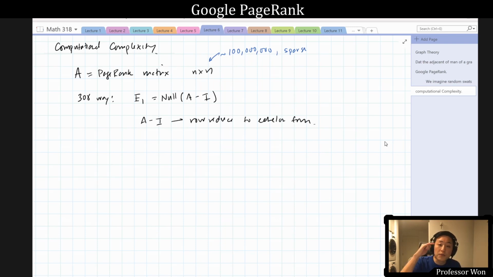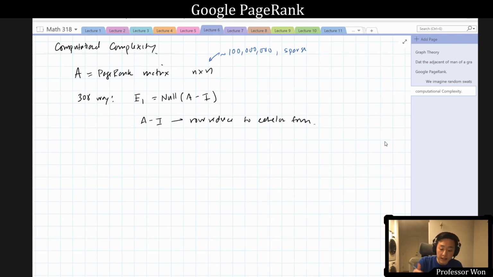For each row in your matrix, you'll find a pivot in that row, and then you'll use that pivot to kill everything underneath it. So for the first row, you'll have to do n operations. For the next row, you'll have to do roughly n minus 1 operations.